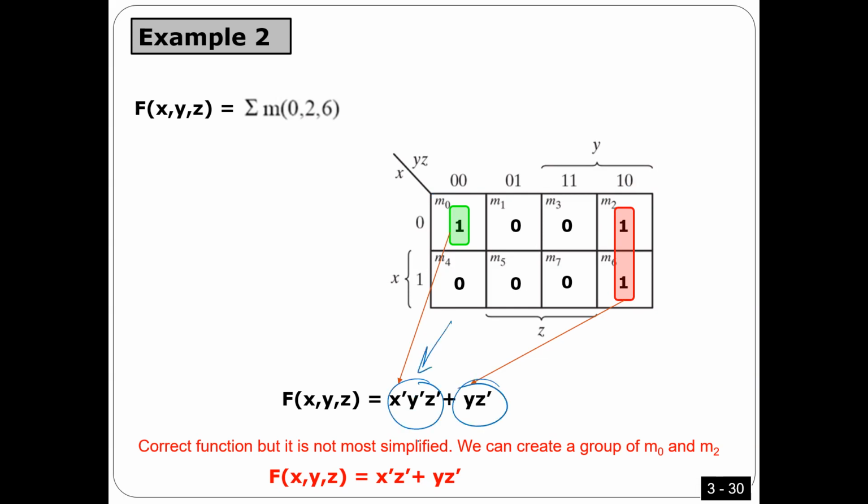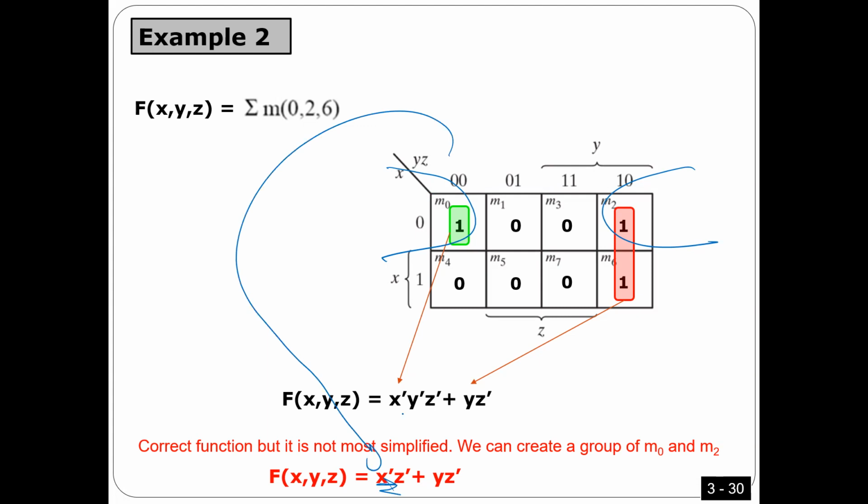If I do that, I'm still going to have 2 terms, but I'm going to simplify this term more. Because after you take this one and this one as one group, and always remember, overlap is okay. Subset is not okay. So there is overlap between the 2 groups here. In this case, I can reduce it to this one.